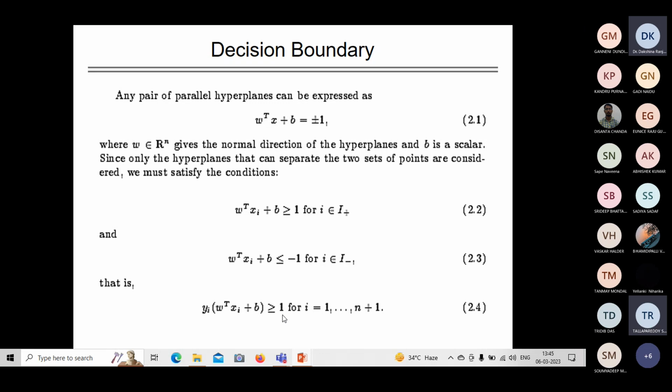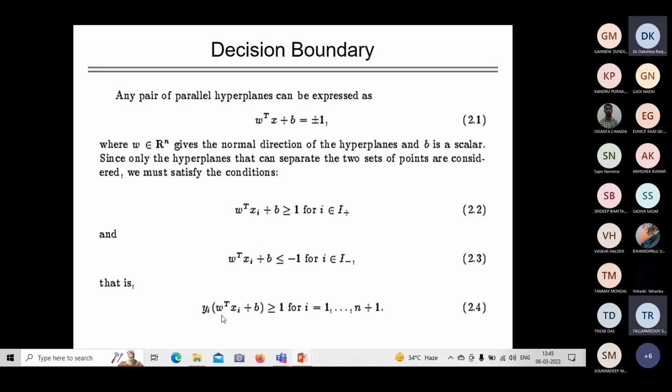Why are we writing this? Because when W transpose Xi plus B is found to be positive, and the corresponding class label is also positive, these two positives give us a positive result.